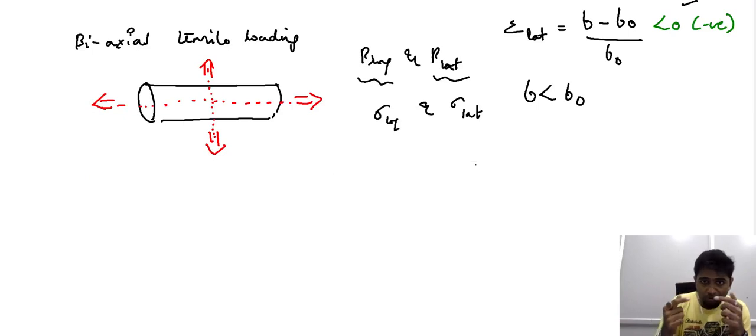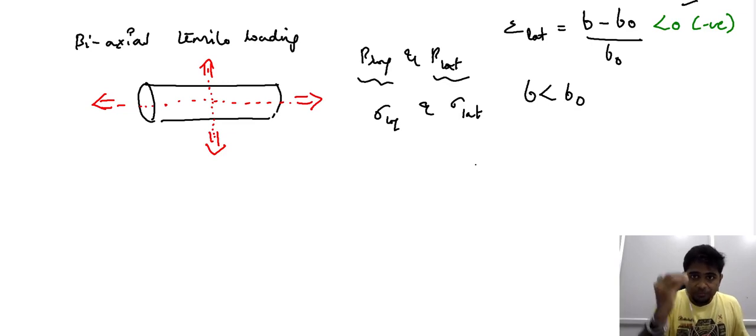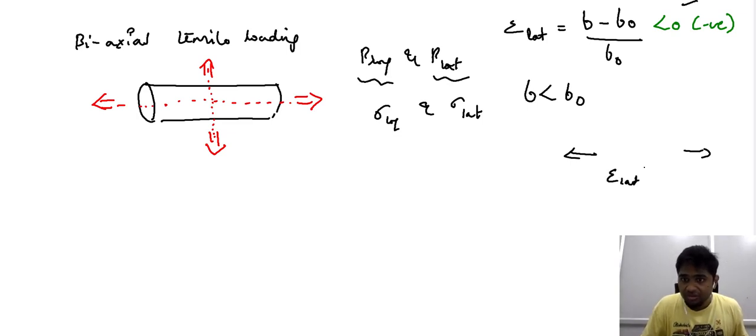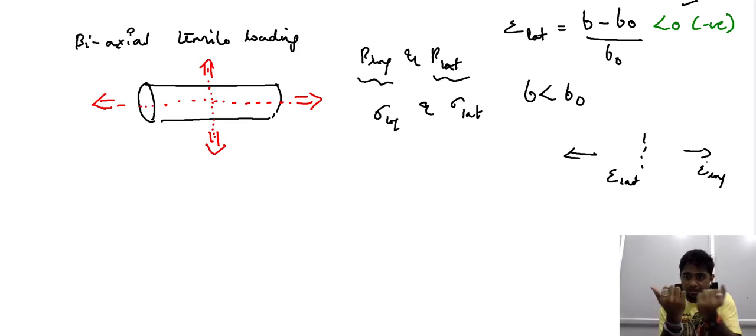However, in the context of the Poisson's ratio, we also introduced the strain along the direction perpendicular to the loading direction. So in case of uni-axial tensile loading, we had two strains, that is lateral strain, in the direction perpendicular to the loading direction, and longitudinal strain, along the direction of the loading condition. Now this is for the uni-axial case.